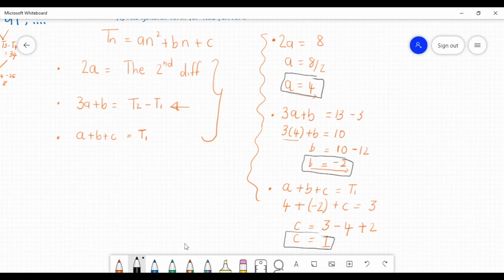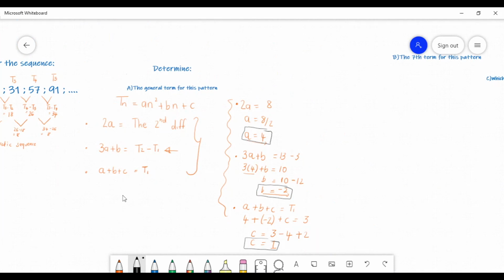We need to substitute the values of a, b, and c into this equation, and we will have the general term for the sequence. So therefore, your Tn is equal to, for a, it's 4n squared, and then plus b.